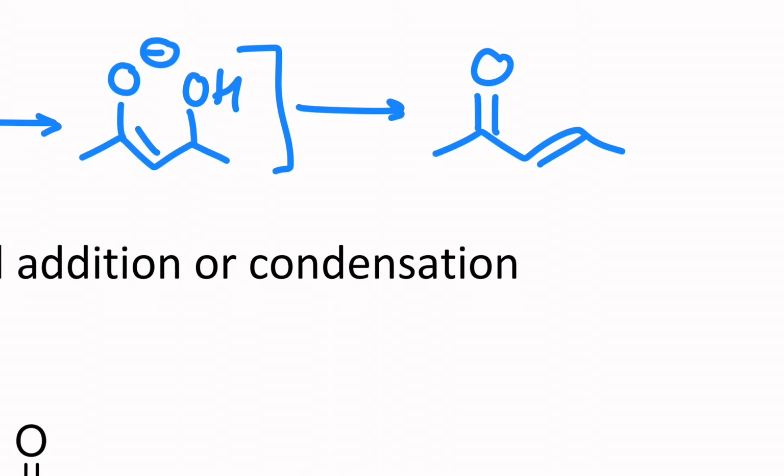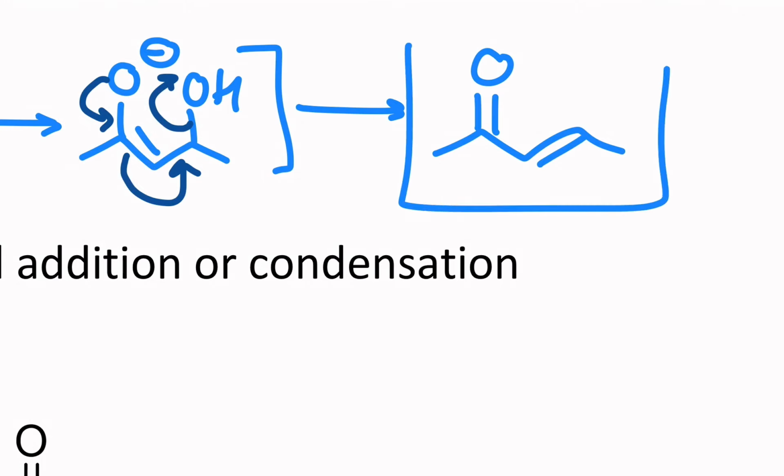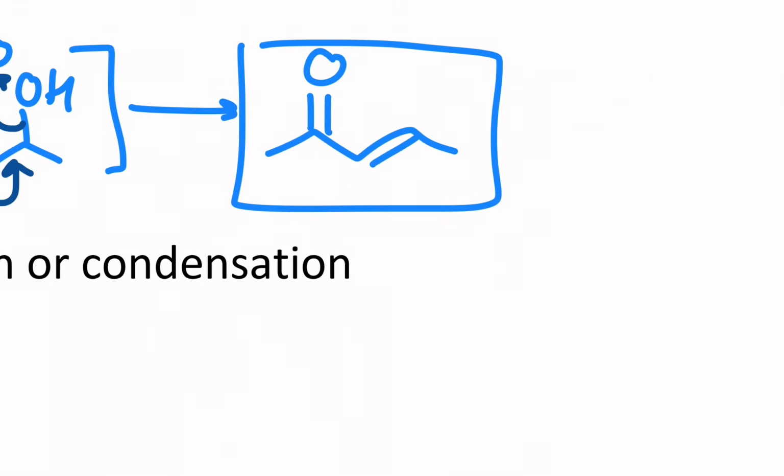Well, that enolate actually kicks out the hydroxide to bring that negative charge back down to form a pi bond, take that other pi bond and make a carbon-carbon double bond between the alpha and beta position, and you kick out hydroxide. We are in base, so we can actually kick out the hydroxide, and it's the enolate that does this. The enolate kicks out the hydroxide. That's why this happens, and that's how you get what's called the condensation product.